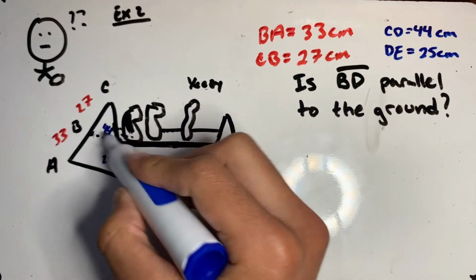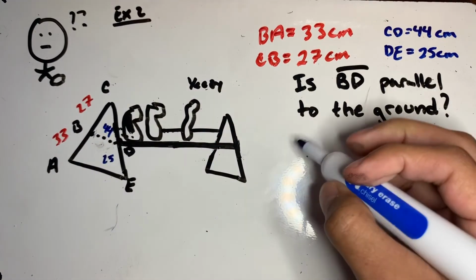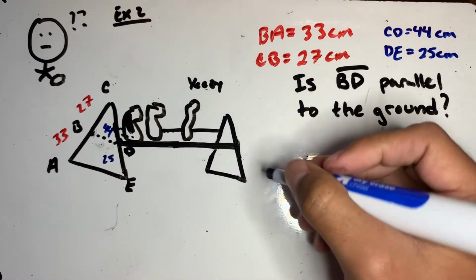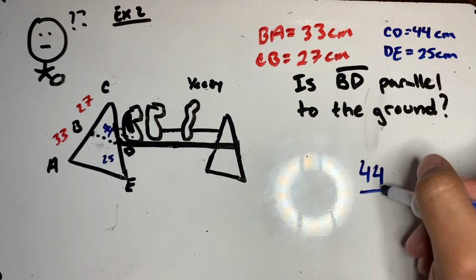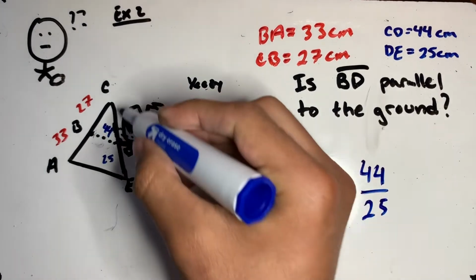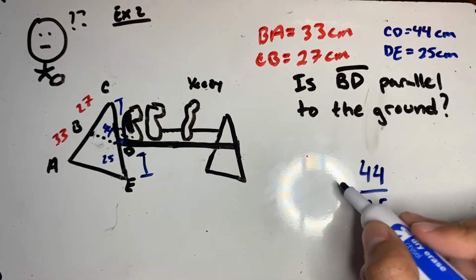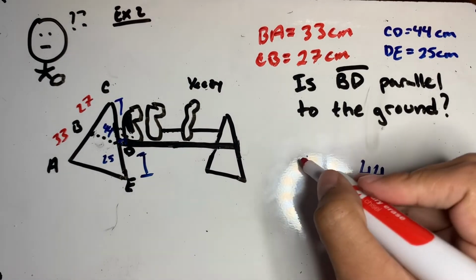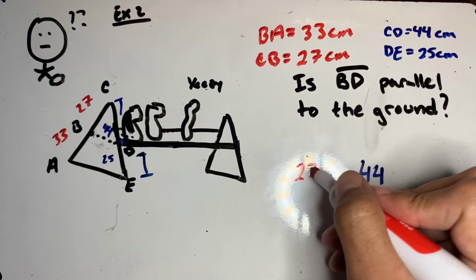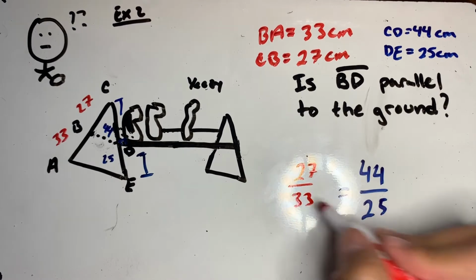So if this line BD is parallel to AE, then this should happen. It should be 44 over 25, which is this top part and this part right here, should be equal to 27 over 33, with 27 on the bottom top and 33 on the bottom.